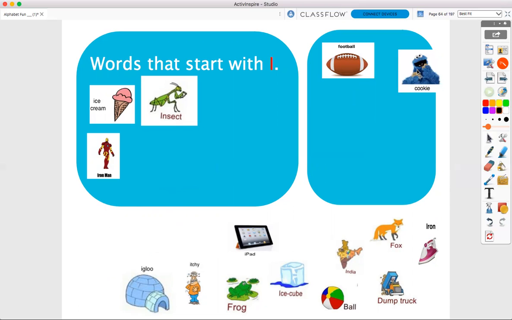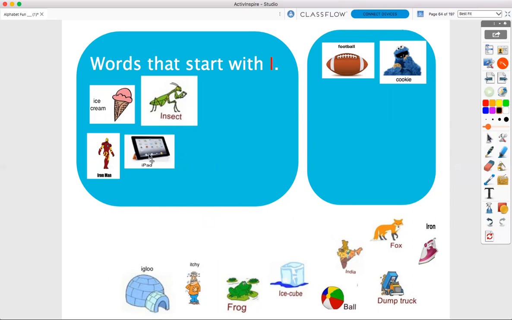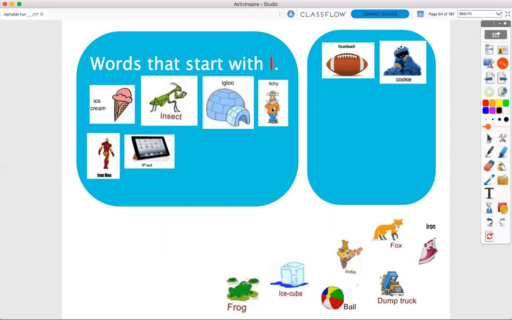No, cookie does not start with I. What about iPad? iPad starts with I. Igloo, igloo starts with I. What about itchy? Itchy starts with I.